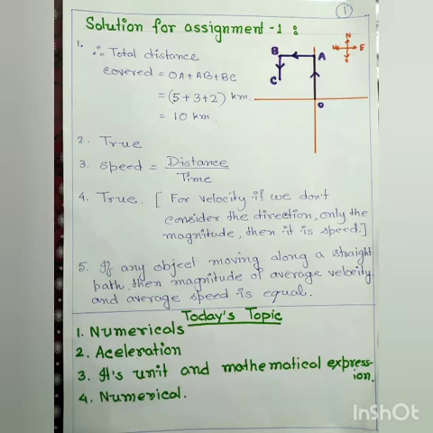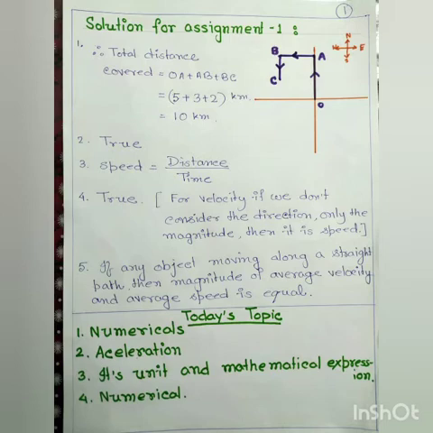First problem, we have to find out the total distance covered by Anil. So Anil travels towards north 5 km. Now let us consider he started from O and reaches point A traveling 5 km.